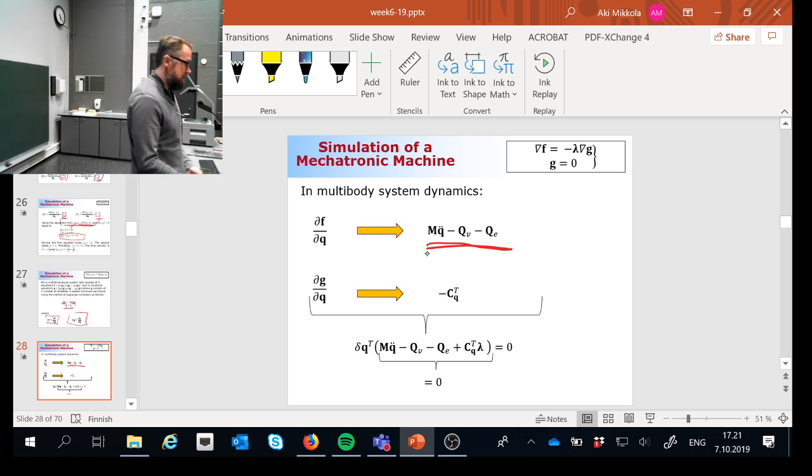The Jacobian matrix. So finally, I can rewrite my equation of motion such that I have generalized inertial forces, generalized externally applied forces, and my constraints accounted for with the help of Lagrange multipliers.